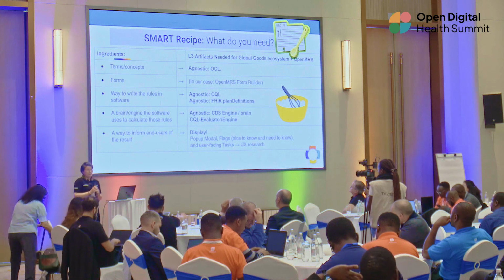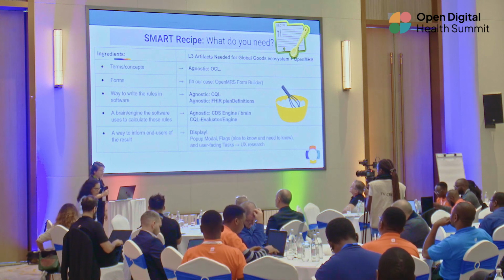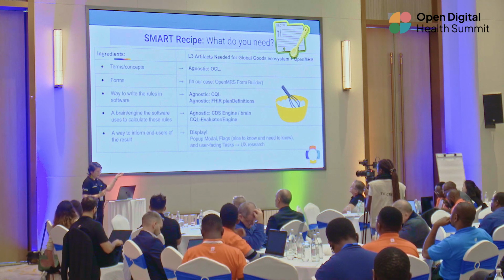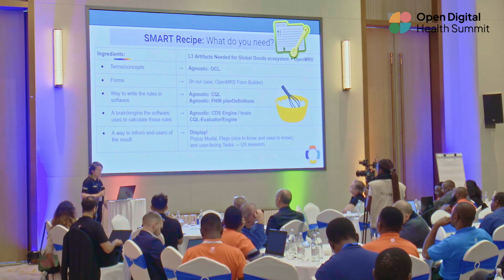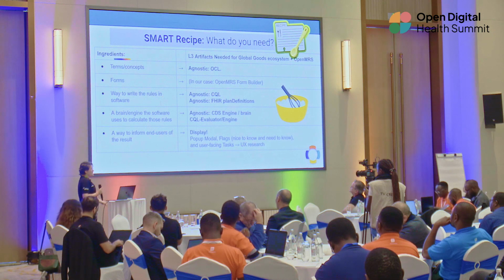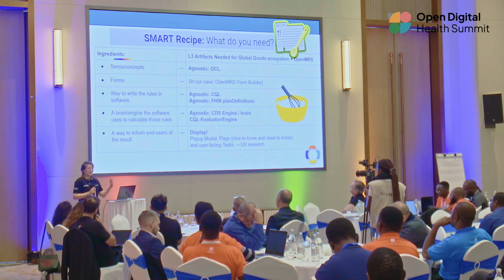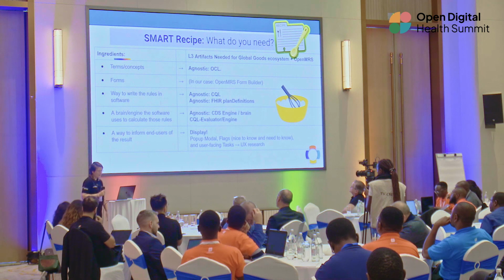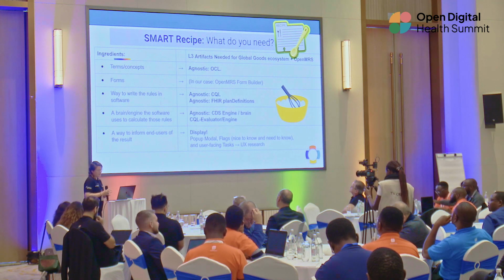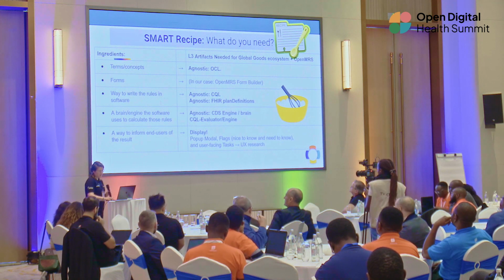We have our own form builder, so that's the only custom thing here. Everything else that you see here, these are all open source projects. So what I'm trying to say is the ingredients that you're working with are the things that you're hearing about today, like FHIR, as well as the CDS engine. And I'm gonna explain this a bit more as we go on.